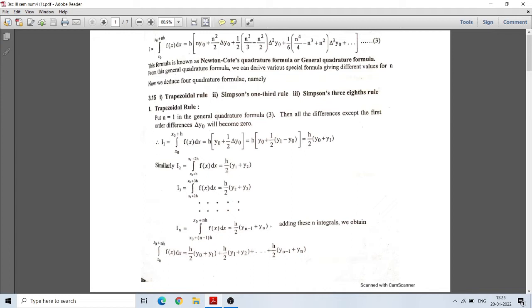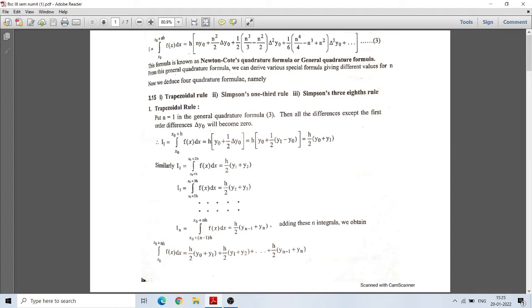It is called numerical integration. And the process we apply to a function of a single variable is known as quadrature.